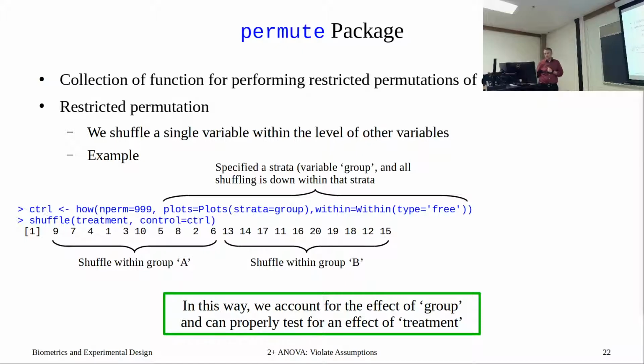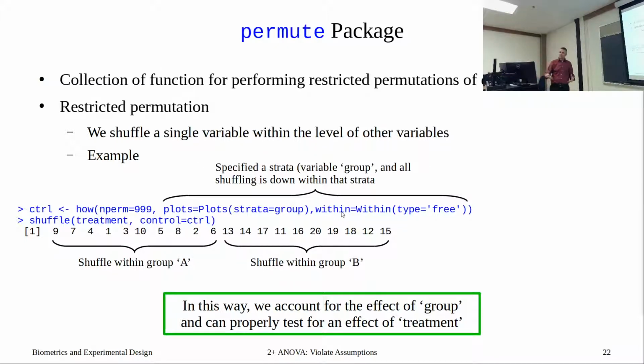All right, and in this case, we're going to actually tell R how many permutations we want to do. The default is 999, which doesn't seem like a lot, but we can mess around and see how long larger sample sizes take. And then we specify our plots and our within.